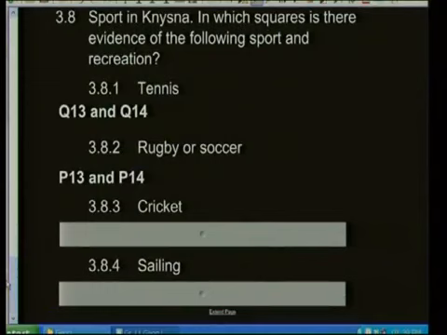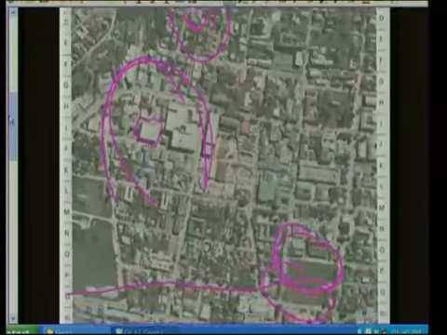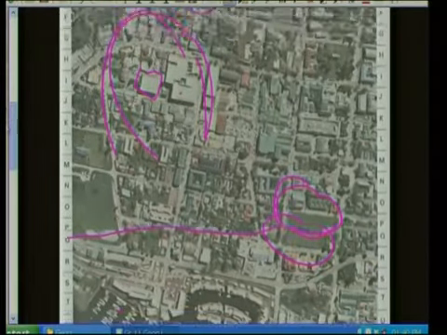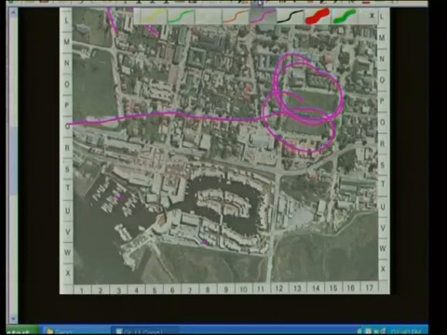Cricket, in which area is that? And we look at O1 and O2. All right, looking at O1 and O2 in this area here. O1 and O2.